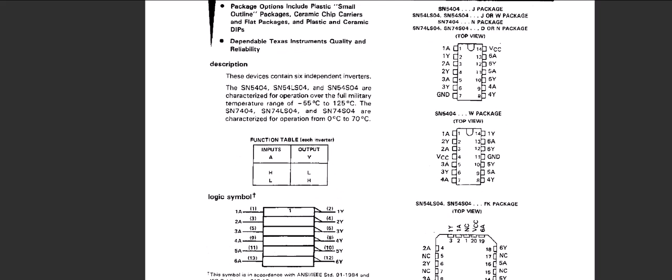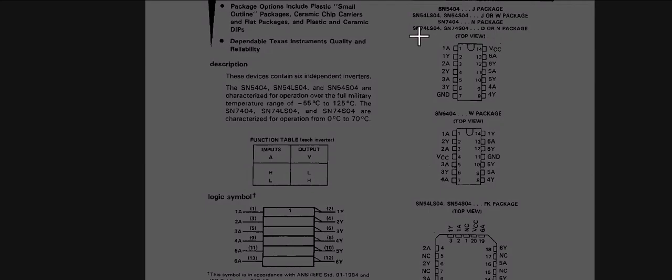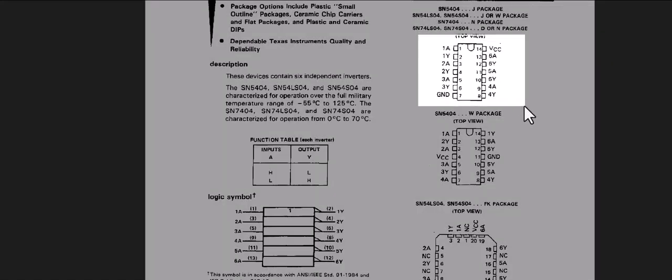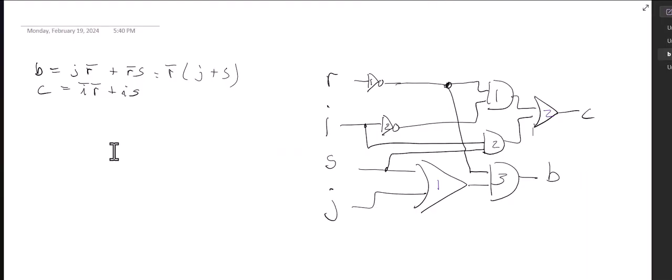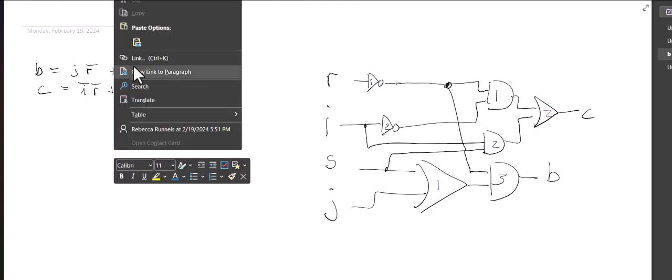And then if I look at my chip here, then I've got 1A is pin 1, 1Y is pin 2, and 2A and 2Y. So I'm going to just grab this.